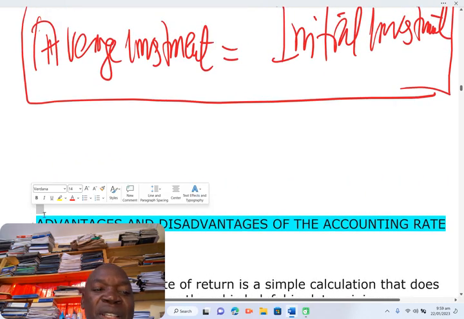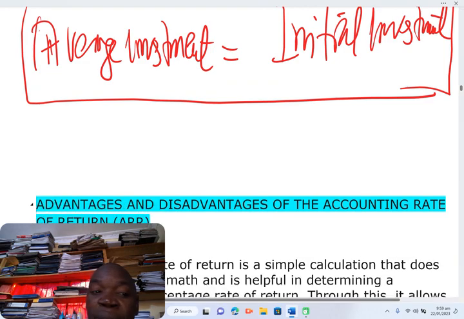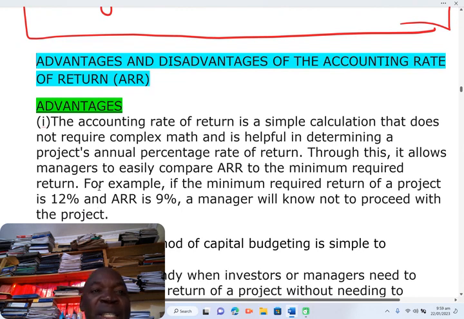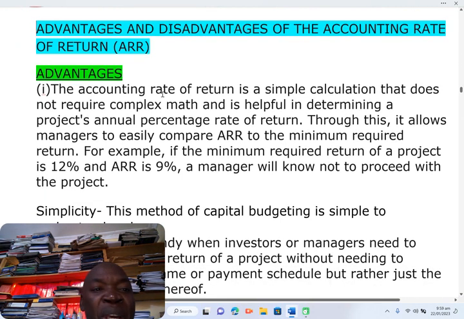Second, I might have to discuss, before going to some vivid examples, the advantages and disadvantages of using the accounting rate of return. We start with the advantages. The accounting rate of return is simple. It does not require complex mathematics.